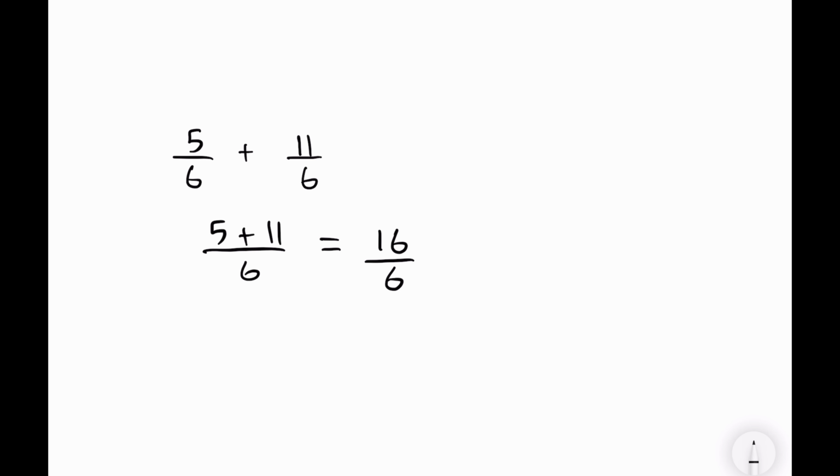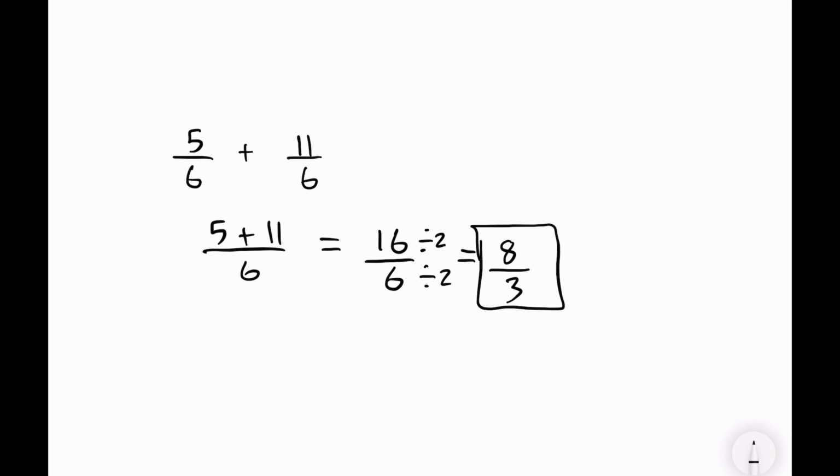Well, let's try it with 2. Yes, 2 divides both 16 and 6 without leaving a remainder. 16 divided by 2 is 8, and 6 divided by 2 is 3. Is there a number that divides both 8 and 3 without leaving a remainder? There is not. Therefore, this would be my final answer.